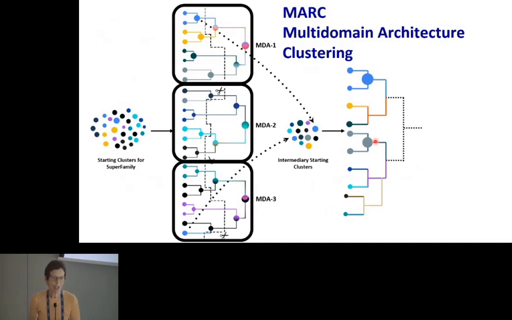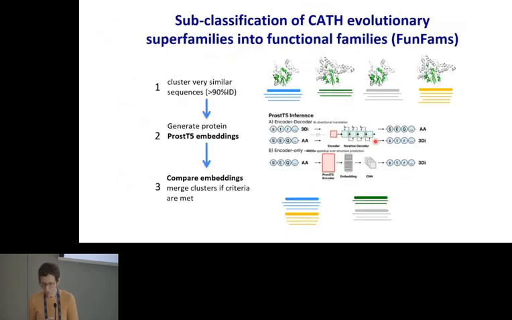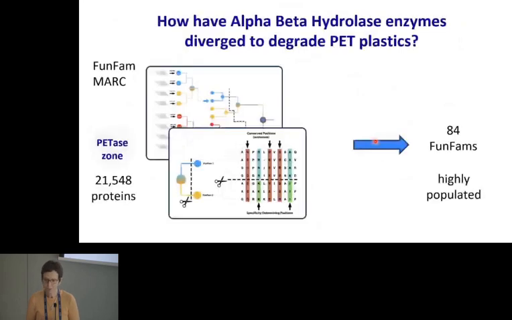So we parallelized our FunFam algorithm and I think I've mentioned before, we also used the GPUs to make it faster as well. So Nicola Bordin was responsible for bringing the information from MGnify into CATH. And you can see that we were able to find some really interesting functional families.